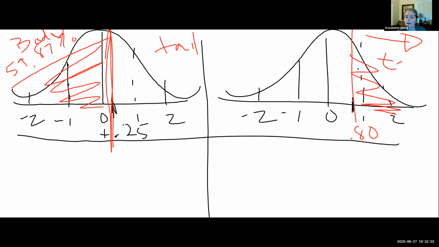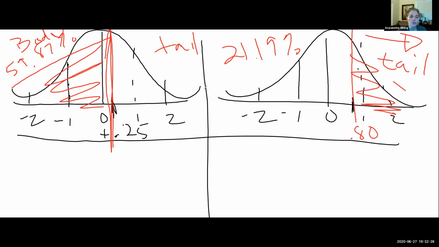So it's the tail. Now I'm going to find the percentage that corresponds to greater than 0.80, and the proportion in the tail is 21.19%.